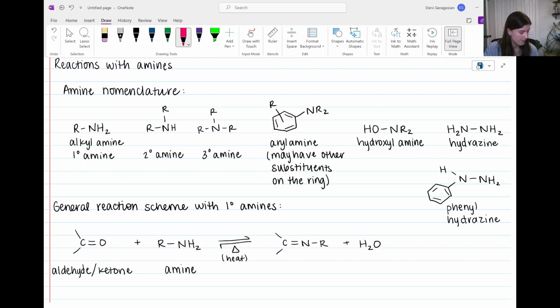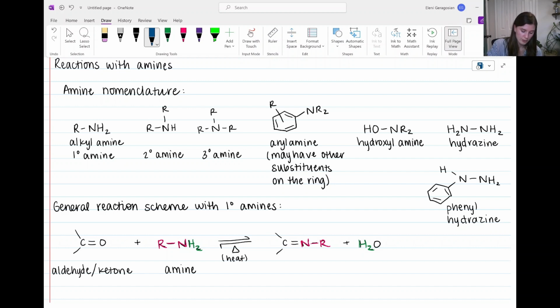So let's trace some atoms here. We'll start with the nitrogen. So the R group in the amine and the nitrogen in the amine both end up in this organic product. The hydrogens from the amine end up being bonded to oxygen in H2O.